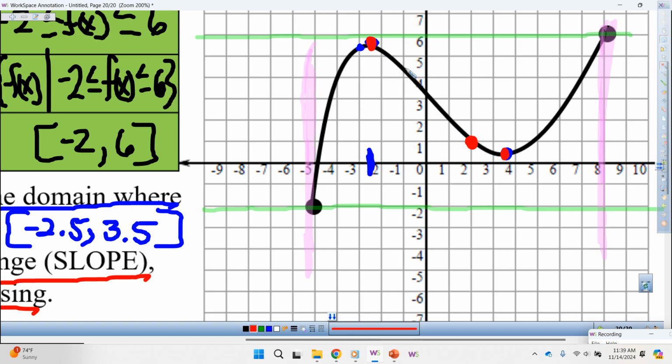Give us another point, Mariah. Zero and 3. All right, I'll take those 2. That's close enough. So my slope is going downward. How many steps downward, Mario? 2, so that's -2. How many to the right? 2. So therefore, my slope is -2 over 2, which is -1 over 1, which is -1.